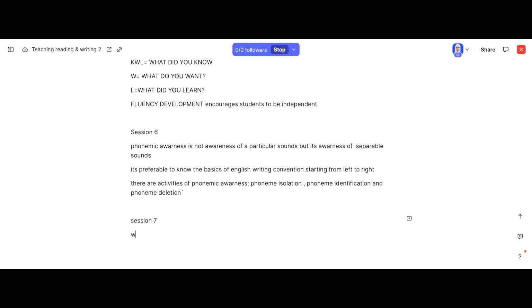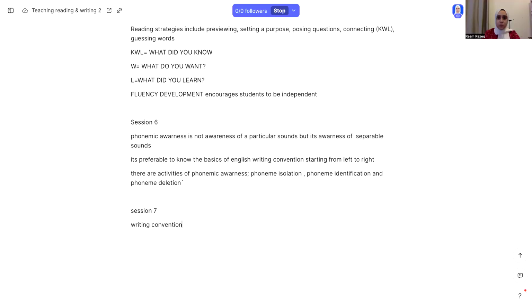Writing conventions include writing from left to right, starting with capitalization, spaces also.